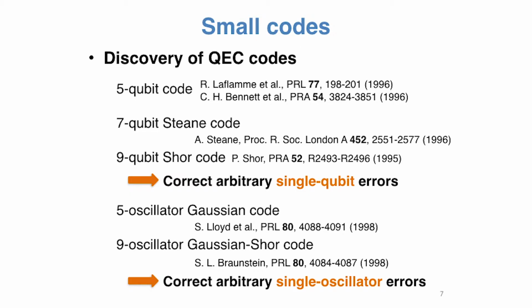But we can also define an analogous type of bosonic code, which is just a direct translation of these stabilizer codes, and we can define such a Gaussian code. And analogously, it can also correct arbitrary single-oscillator errors. So it might sound like a very good thing to have, but from now on, I'll show that this is not as good as it might sound.